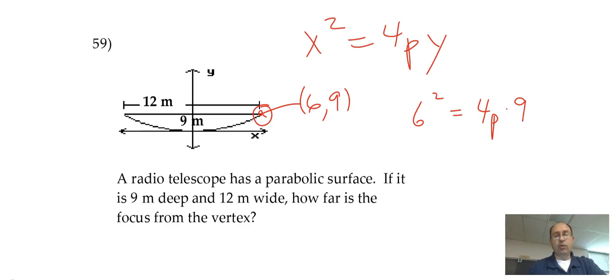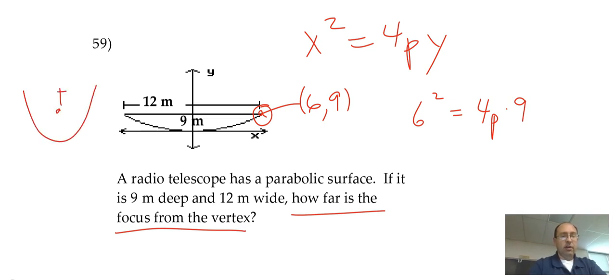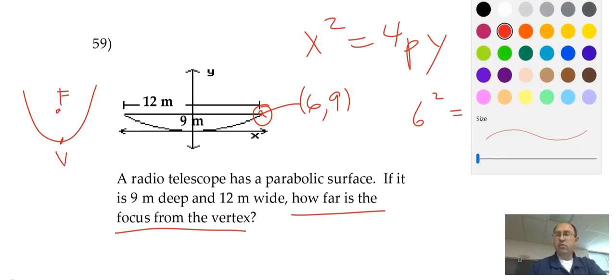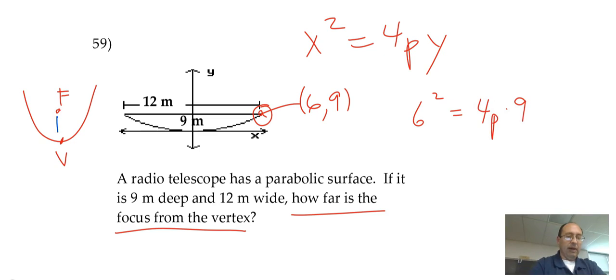Now, if you have to write the equation, then you'd need to find 4p. But this question says, how far is the focus from the vertex? Well, if you know anything about parabolas, if the focus is here and the vertex is here, that means that the distance between them is what they're talking about, and that is what we call p.